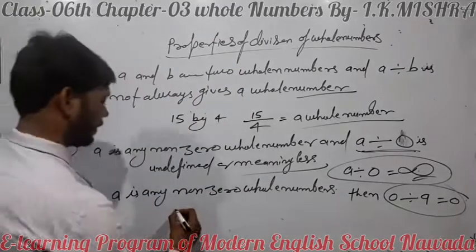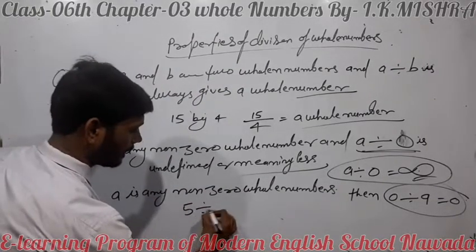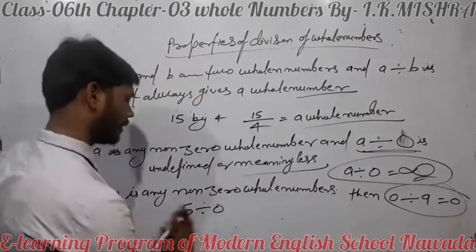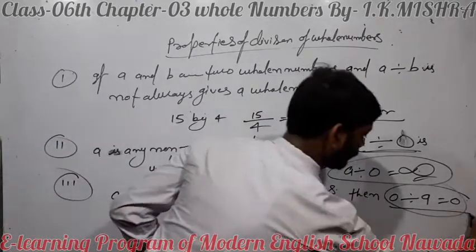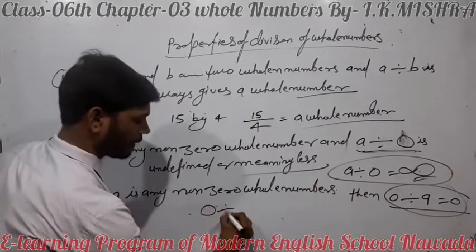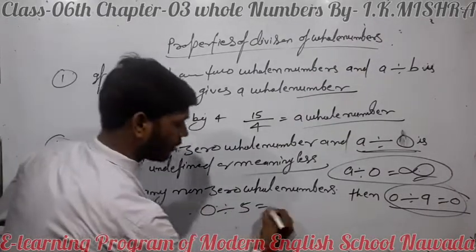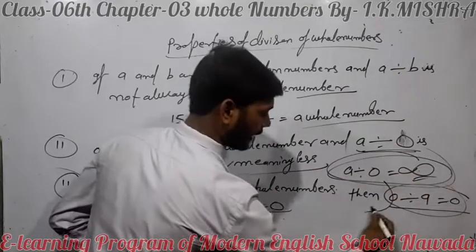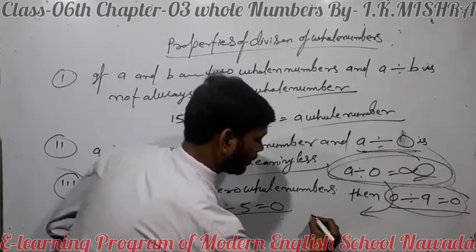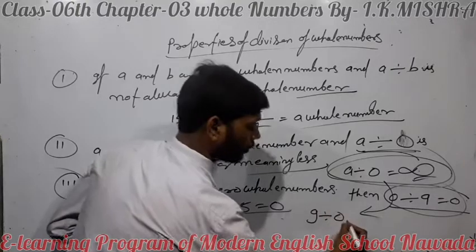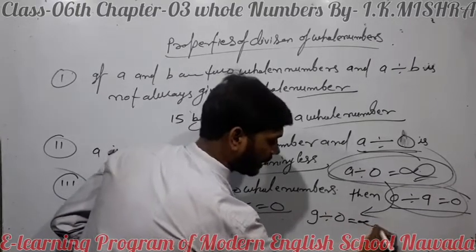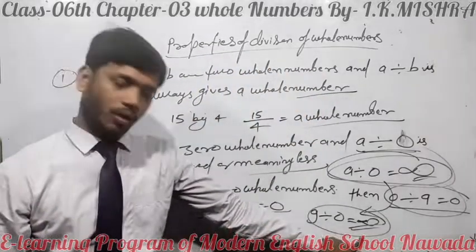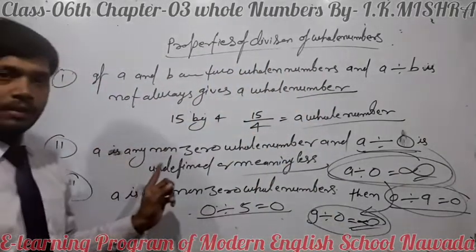Suppose 0 divided by 5, then the result is equal to 0. And for the other property, I write 9 divided by 0. That means its meaning is undefined, it is meaningless. Always notice all these properties.